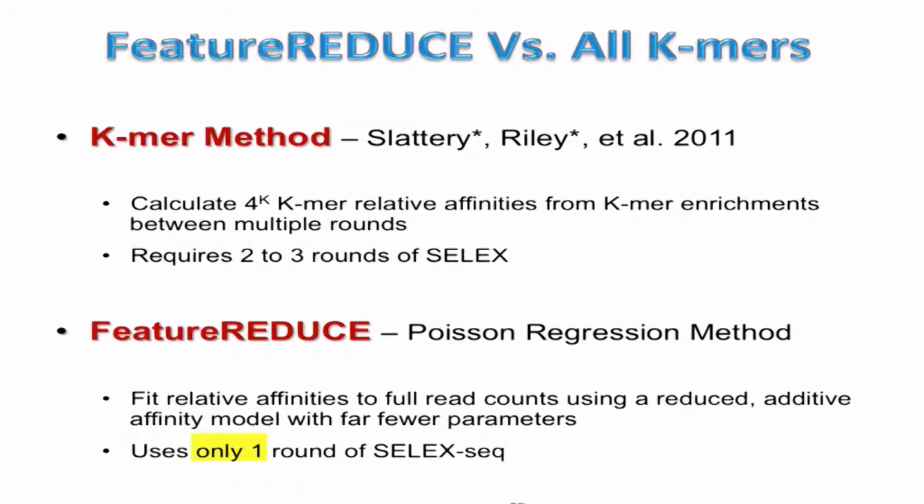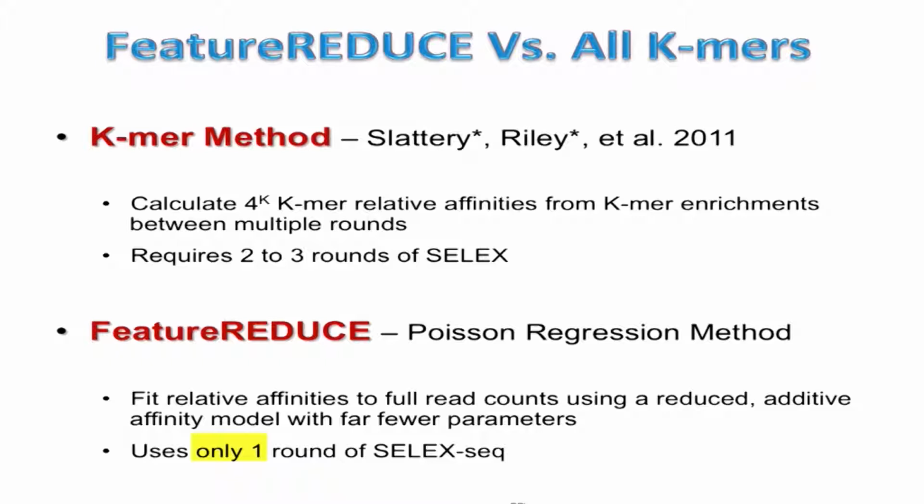The new method that we've just finished is using FeatureREDUCE. Here is where we're using the Poisson regression method. And there are major advantages of this. One is that with the FeatureREDUCE method, what I showed before, we're trying to parameterize these affinities based on, first, a positional independence model, a SAM, plus possible dinucleotide correction terms.